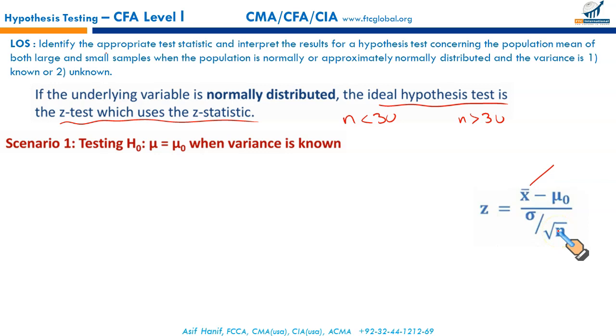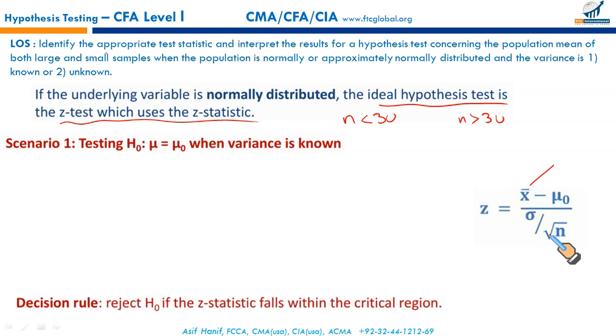We've already discussed this. Once we have computed the z-statistic, we compare it with the critical value that corresponds to the level of significance, 5% or 1%, whatever it might be. For example, if the significance level is 5%, the z-statistic is screened against the upper or lower 95% point of the normal distribution. We just did it. And the decision rule is to reject the null hypothesis if the z-statistic falls within the critical region.